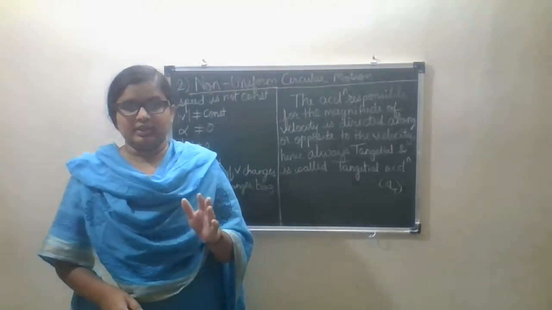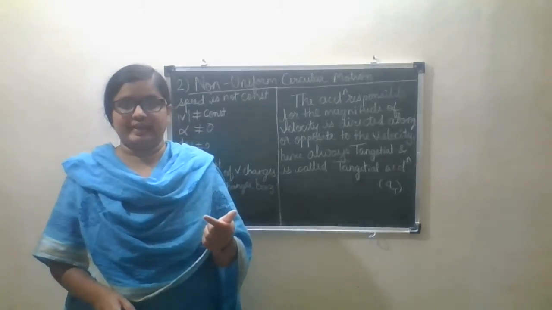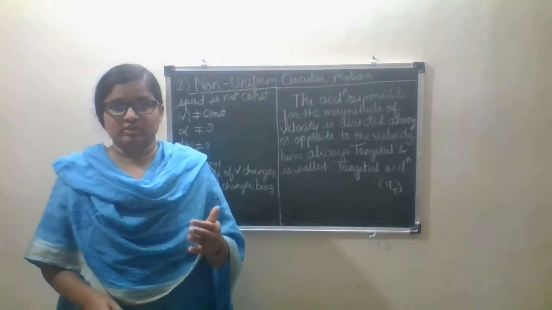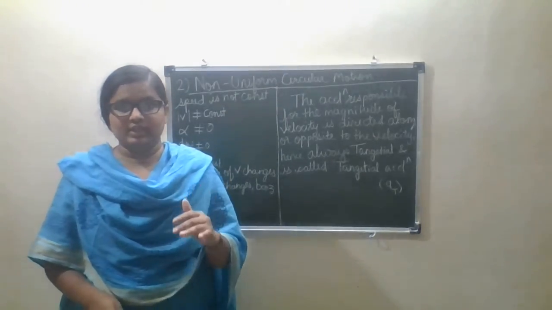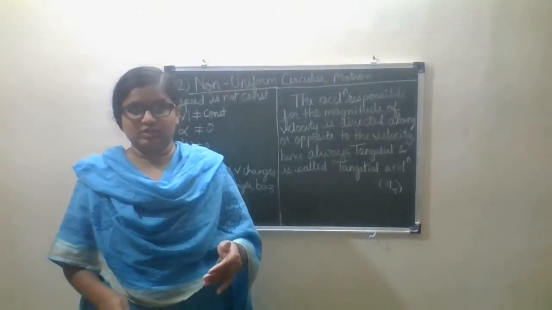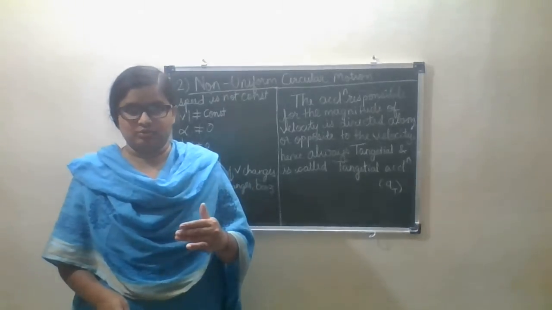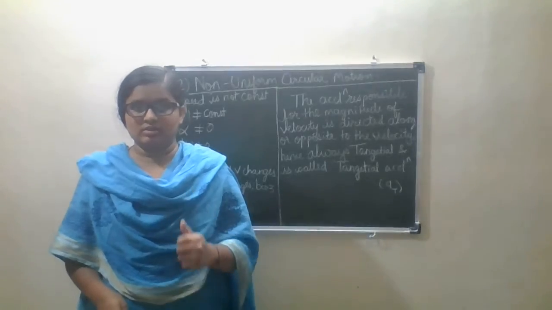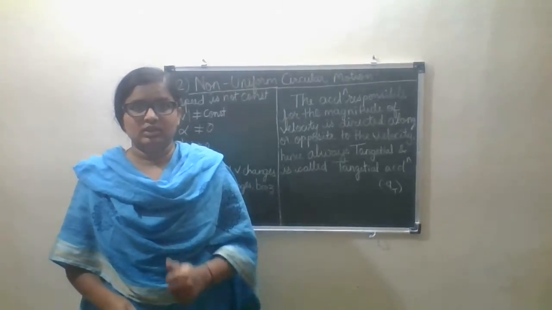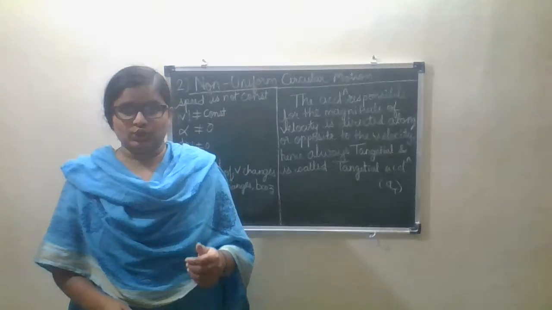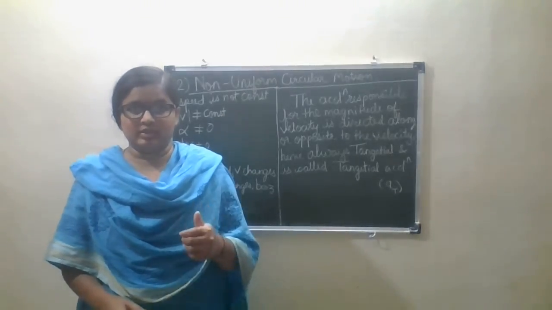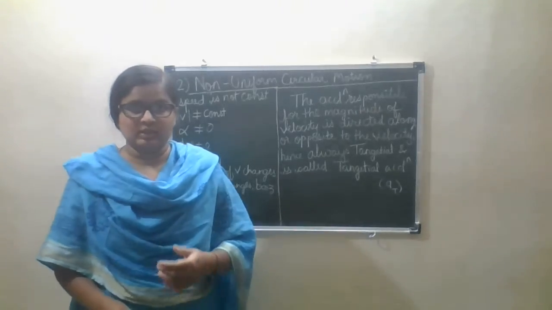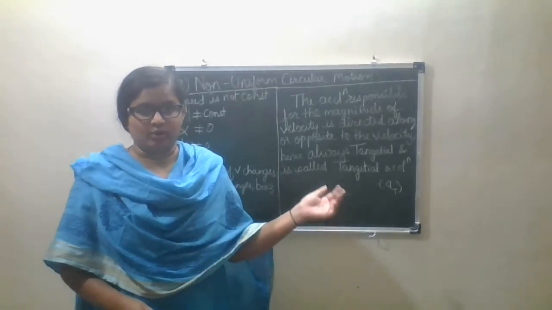And when we again switch on the fan, we have to study when it is in uniform circular motion and when it is in non-uniform circular motion, and how the direction of the angular velocity and angular acceleration is found. After this, we will see that also in a diagrammatic form.